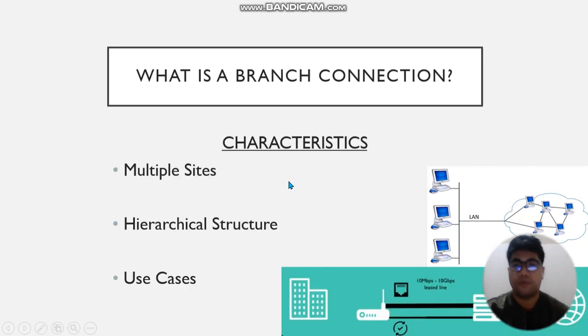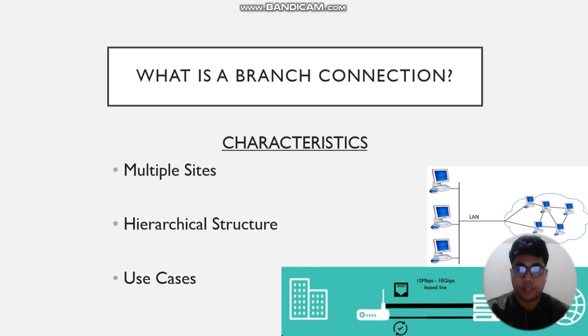So let's go over to the branch connection. What is a branch connection? A branch connection refers to a setup where a central network, for example a headquarters, connects to remote sites, also known as branches, via routers, switches, or other networking devices.